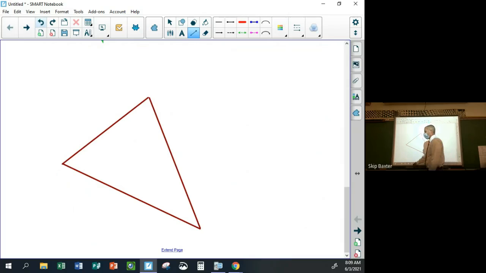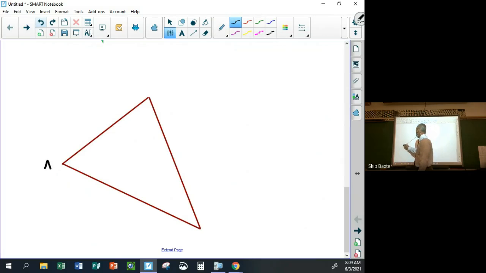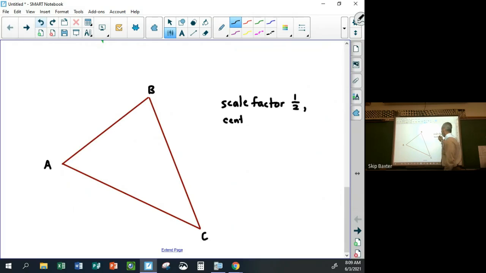Okay, so this time, I have A, B, C. And this time I want scale factor 1/2, centered at A.